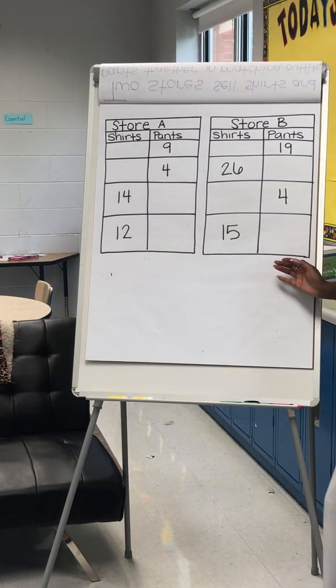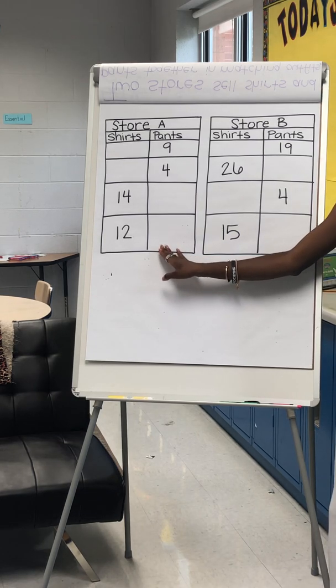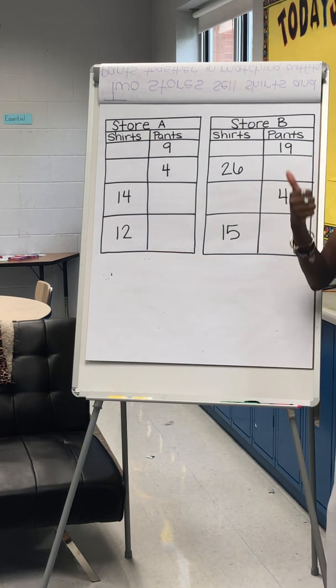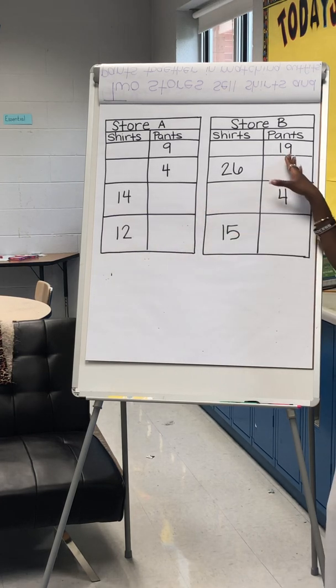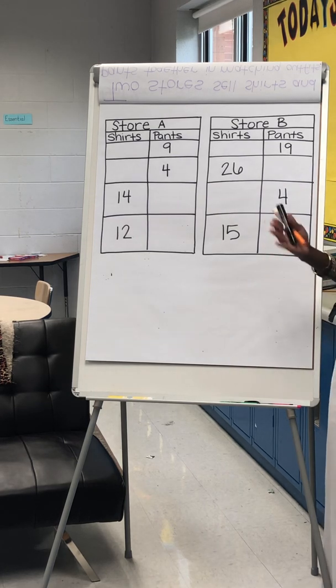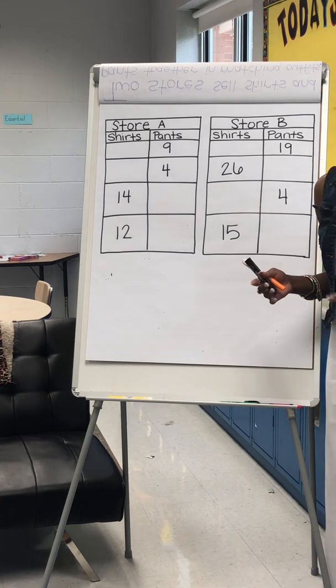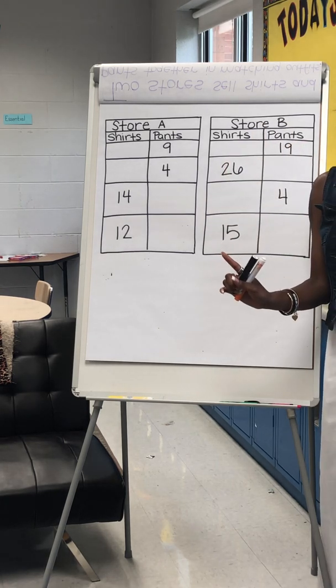And here's your chart that you'll work on. So remember, for store A, you're either using multiplication or division to solve this. And in store B, you're either using addition or subtraction. Remember, the key is we have to understand that there's a difference between multiplicative comparisons and additive comparisons.